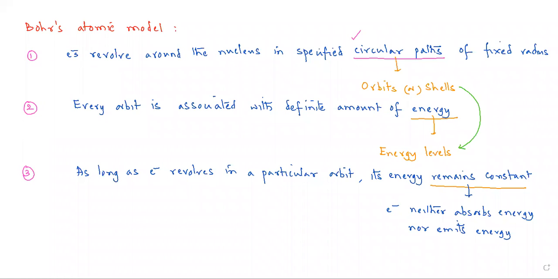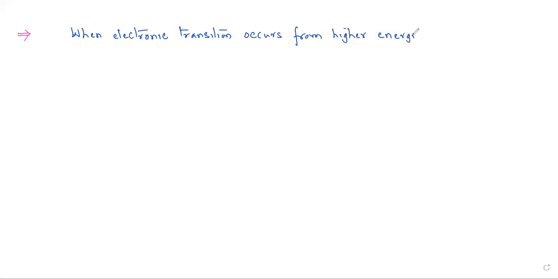Let us see: when an electronic transition occurs from a higher energy level to a lower energy level, energy is emitted.